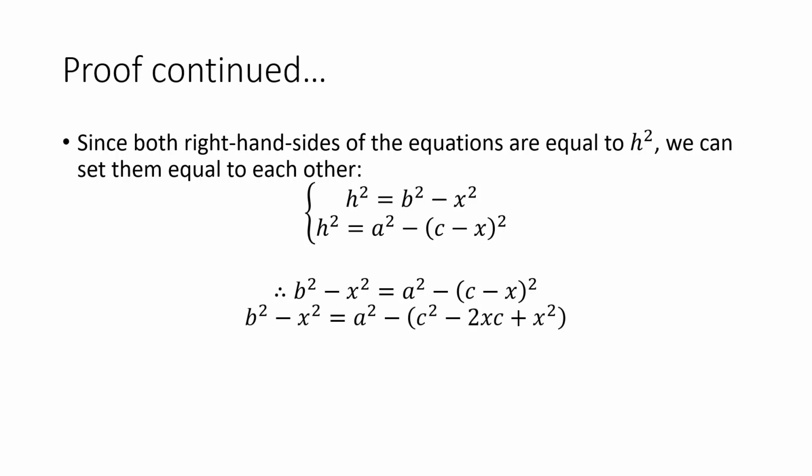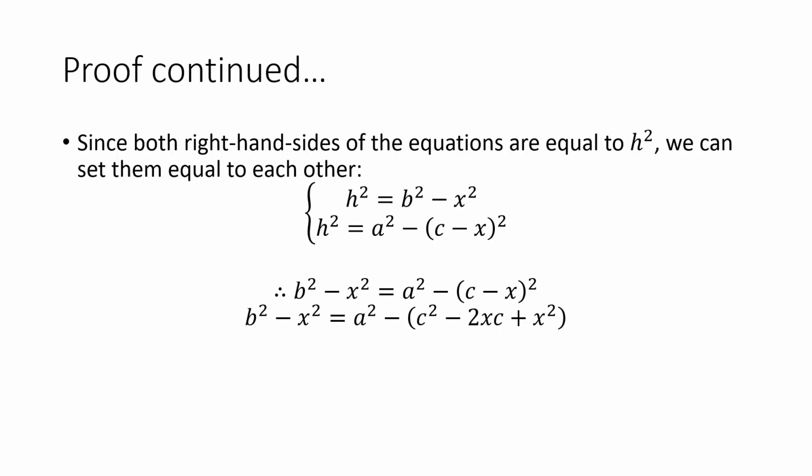So we have b squared minus x squared is equal to a squared minus, in brackets, c squared minus 2xc plus x squared. And you can do that by foiling it using the distributive property, or if you're that clever and want to flex, use the binomial theorem, though it's really not that necessary for this one.